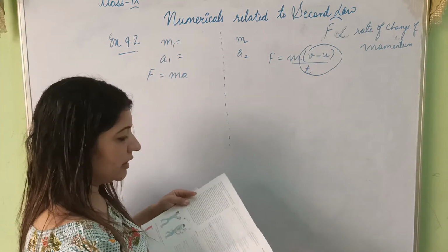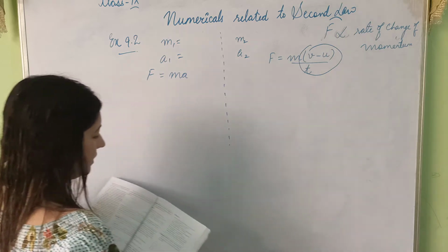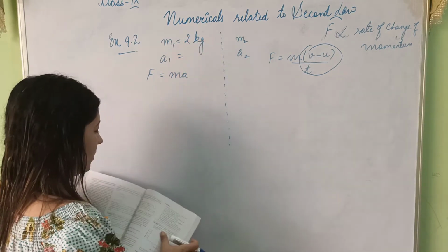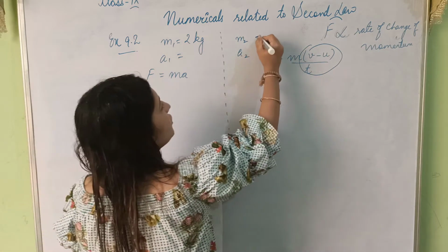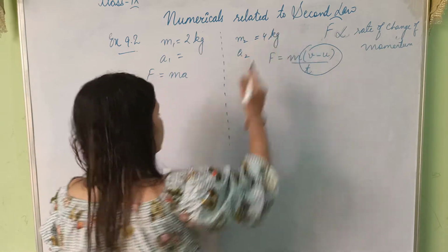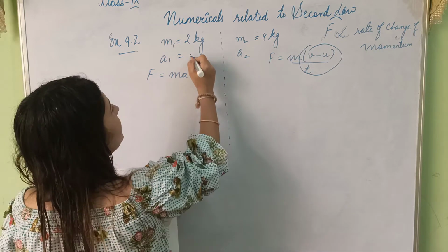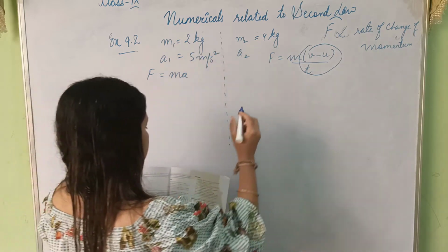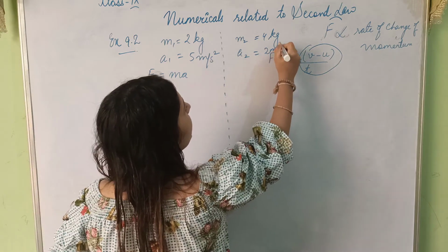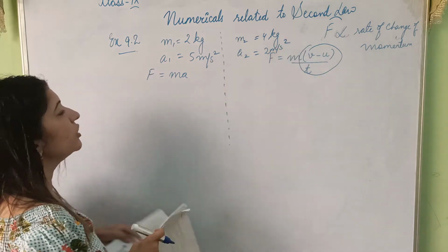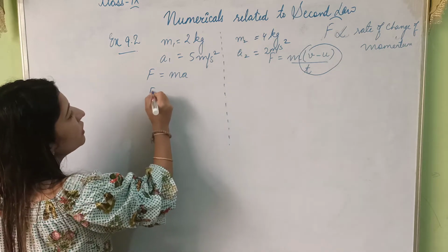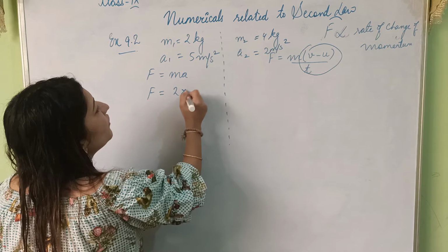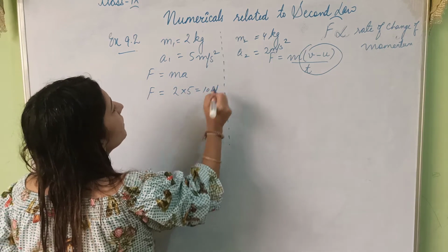Mass is 2 kg for the first object. For the next object it is 4 kg. Acceleration for the first object is 5 meters per second square, and acceleration of the second object is 2 meters per second square. Applying F is equal to ma, F1 would be 2 into 5, that is 10 Newton.